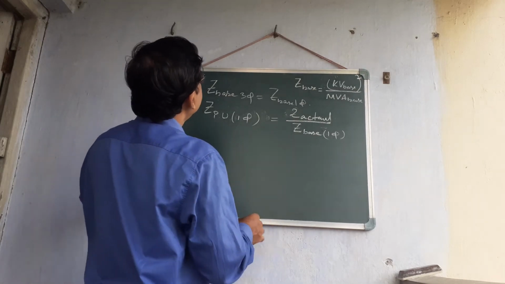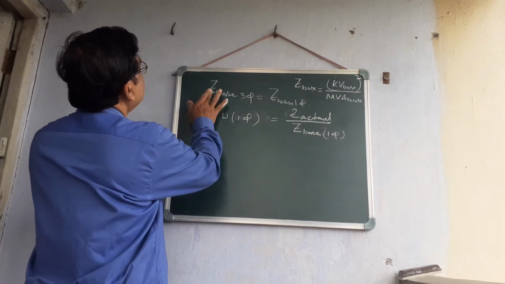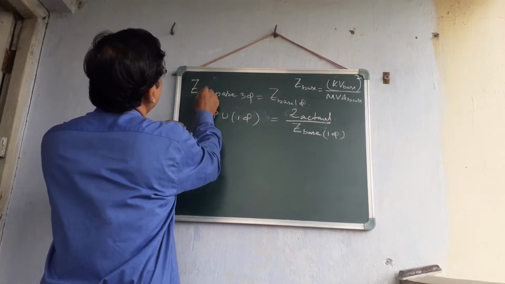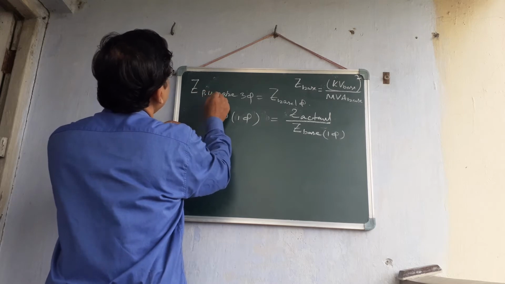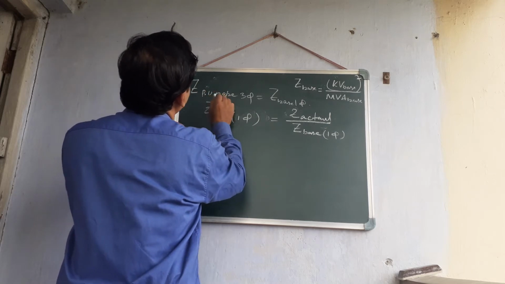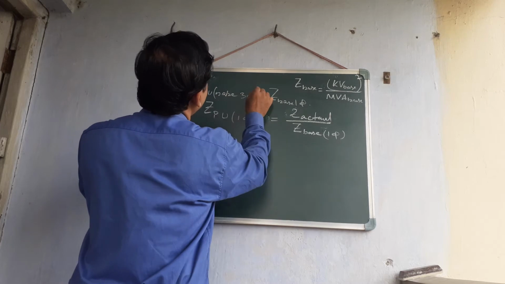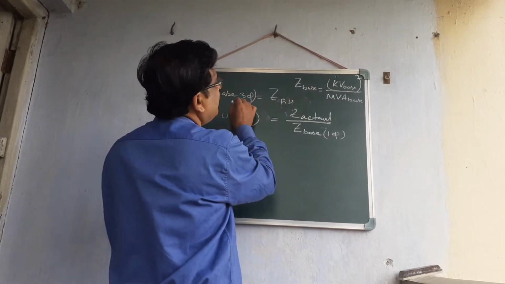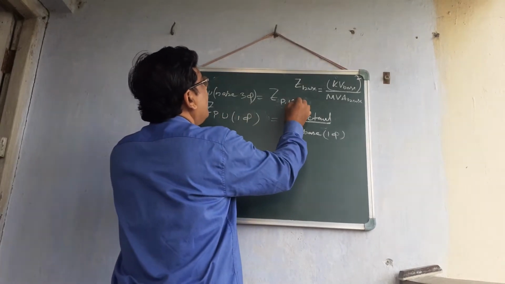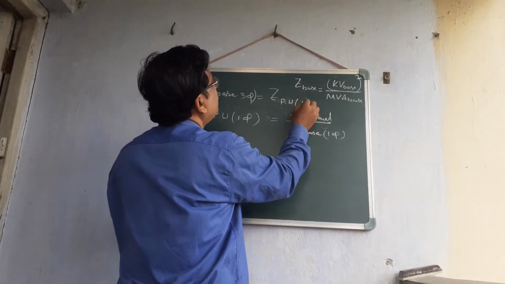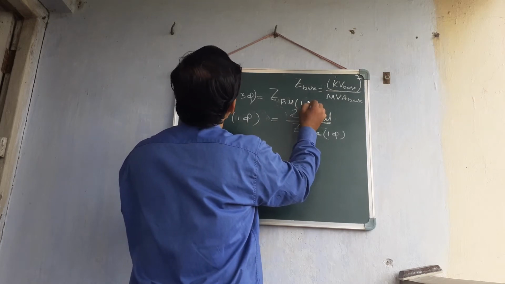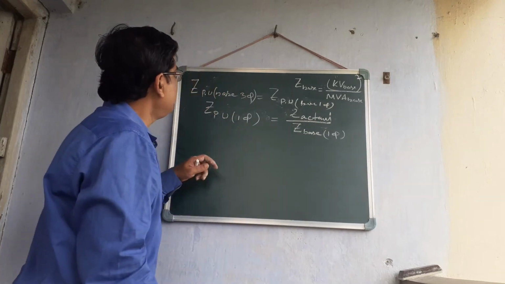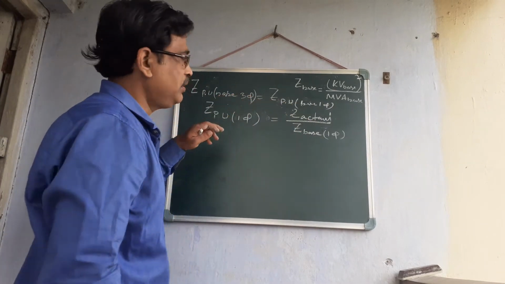Now here we have the Z per unit value based on three phase. Per unit value of single phase based on single phase, that means per unit value is the same.